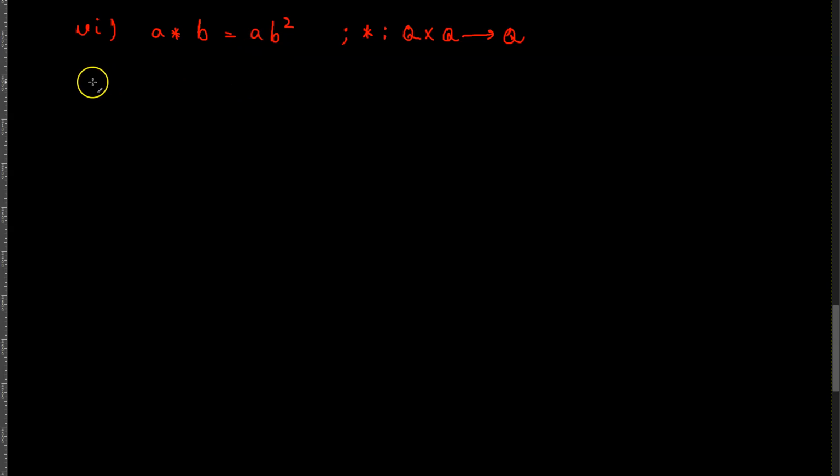Let's say that 1/2 star 1/3 is the same thing as 1/2 times 1/3 whole squared, which is equal to 1/2 times 1/9, which is equal to 1/18.